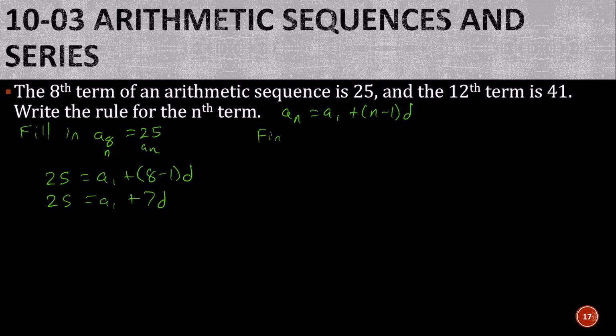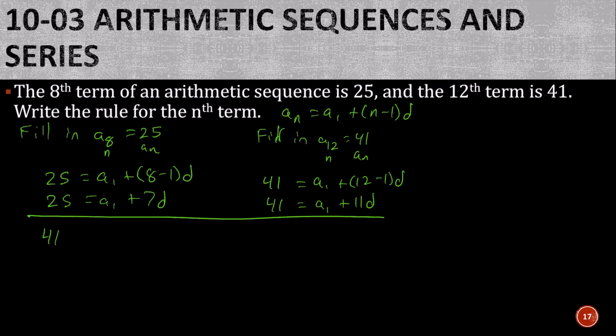And then I could fill in a_12 is 41. Again, n is 12 and a_n is 41. So I'll have 41 equals a_1 plus 12 minus 1 times d, or 41 is a_1 plus 11d. So now I have two equations. I can solve this as a system of equations.